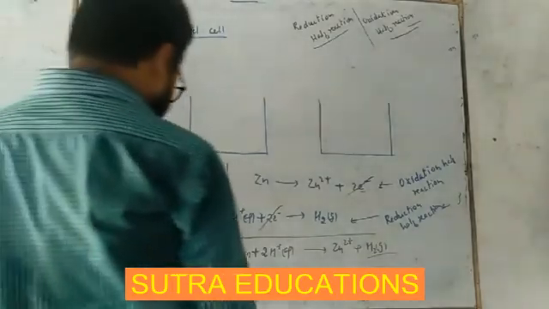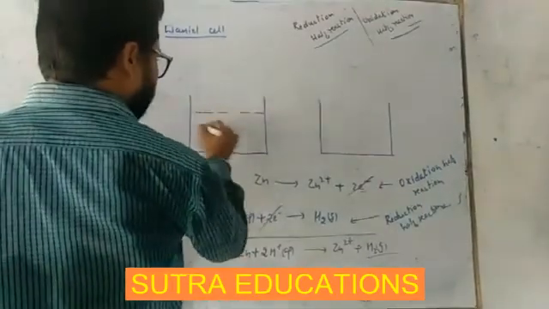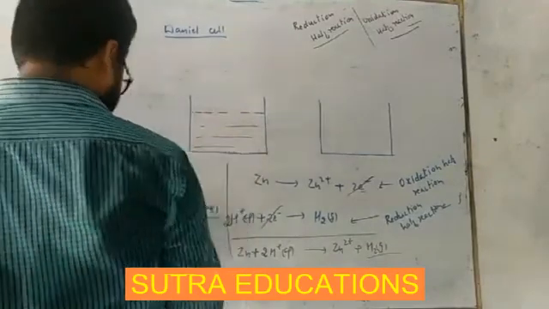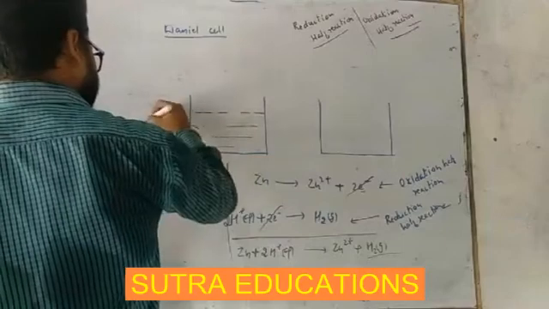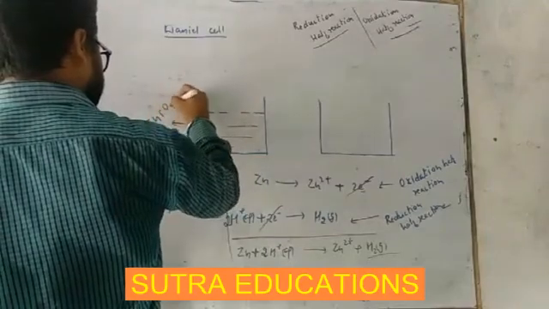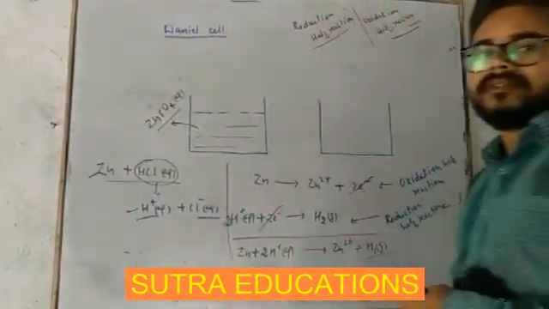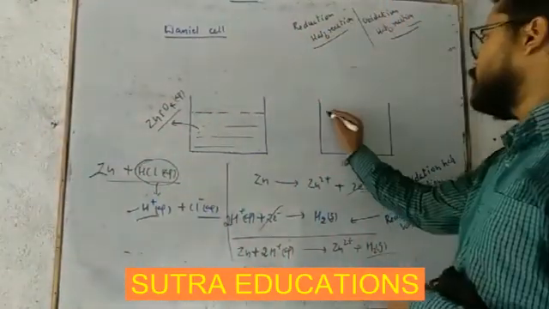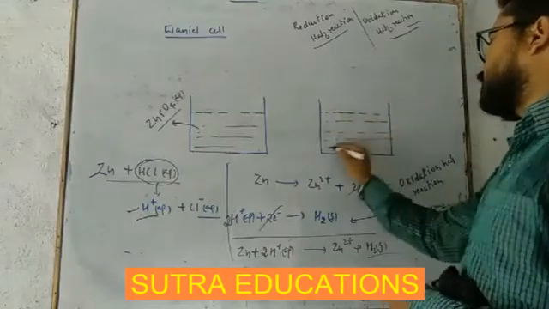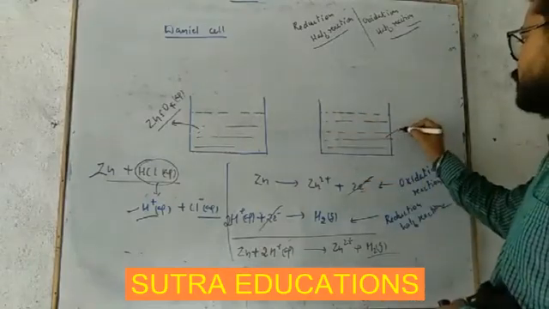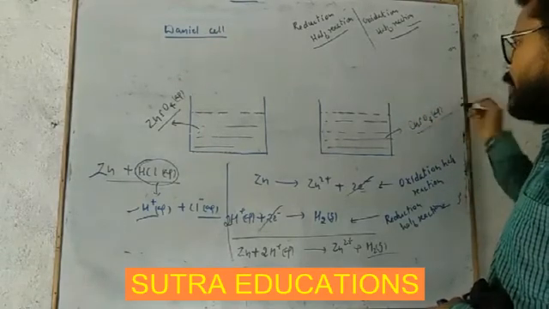So in this Daniell cell, in the first container, ZnSO4 aqueous is taken. Here in this container, CuSO4, copper sulfate aqueous, is filled.